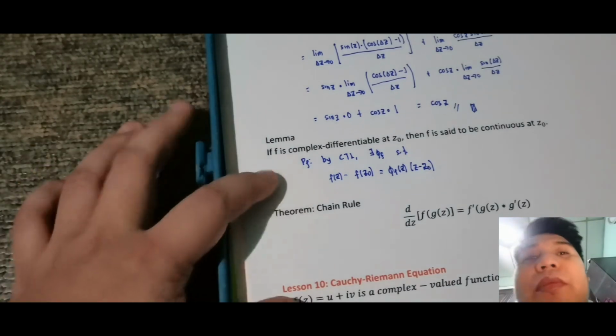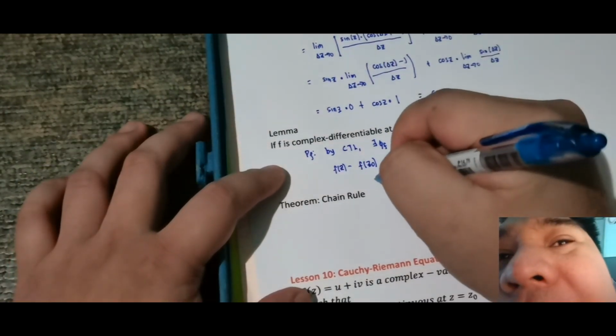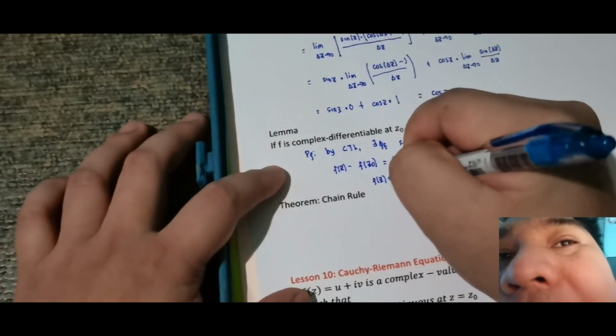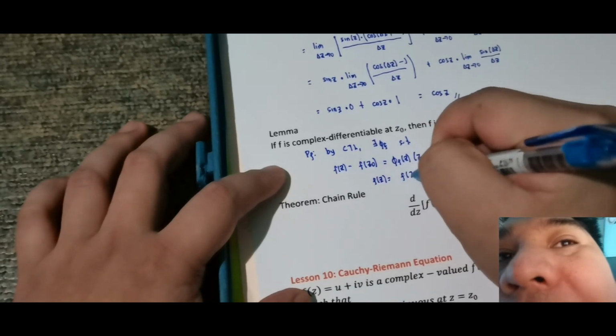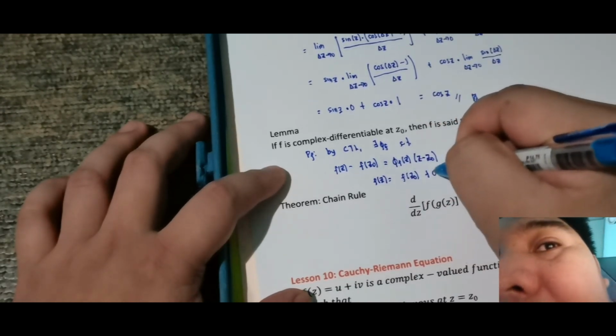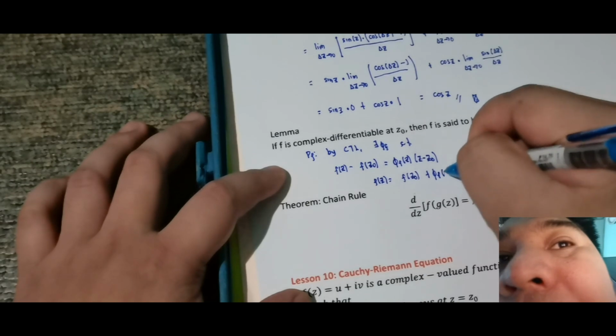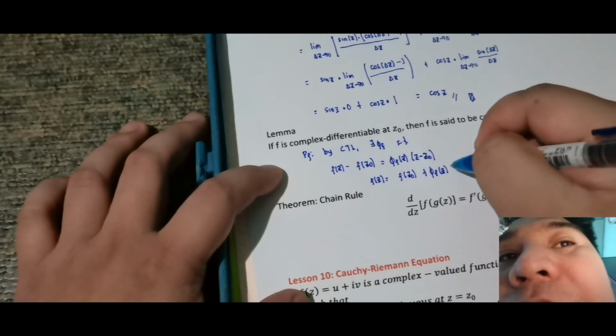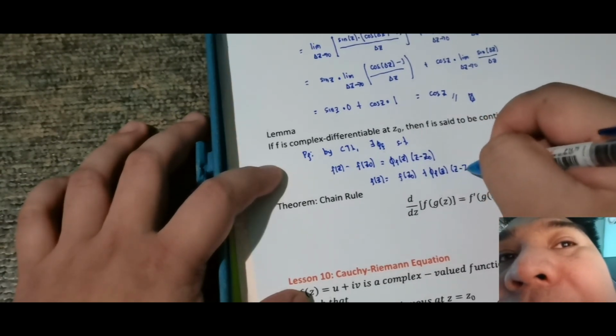Okay, so ang gusto niyang kunin si f of z. So meaning si f of z ay equal sa f of z0 plus p of f of z, then z minus z0.